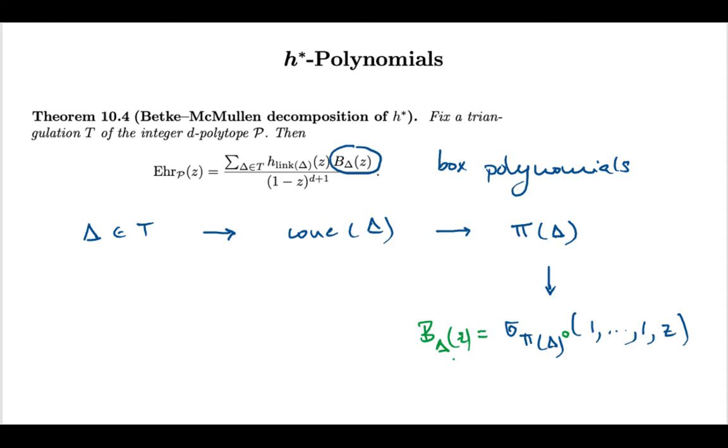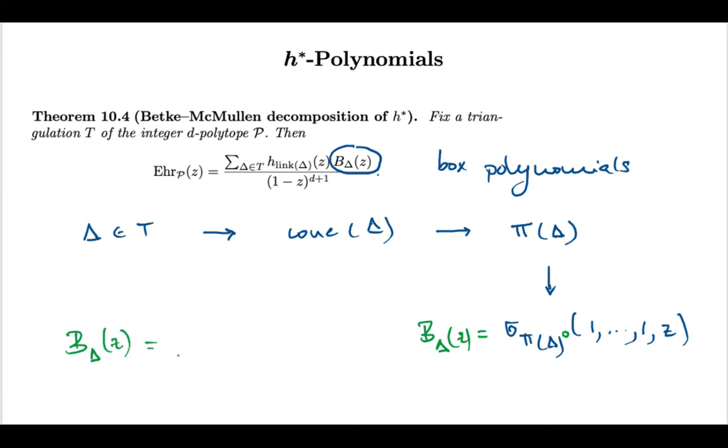So we can somehow write the H-star polynomial of a polytope as a sum over supposedly easier polynomials, or rather product of polynomials. One thing I invite you to think about at this point is that these box polynomials are palindromic.